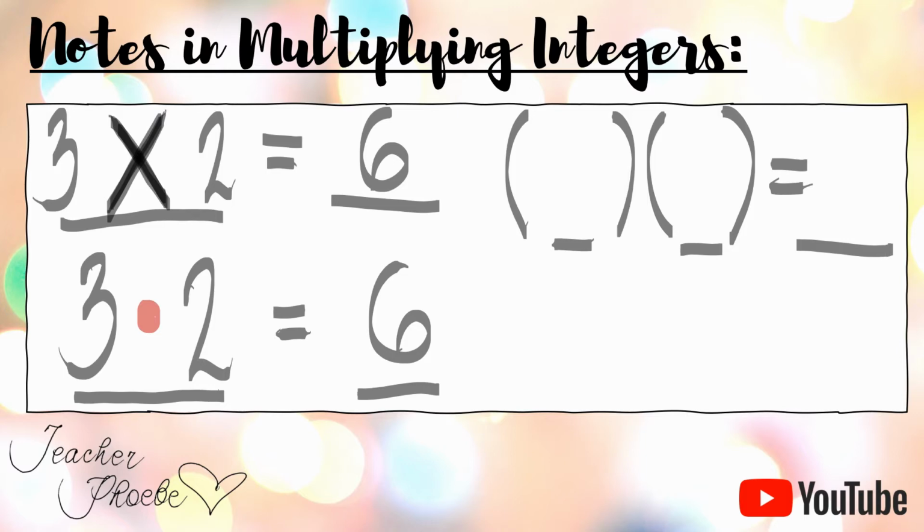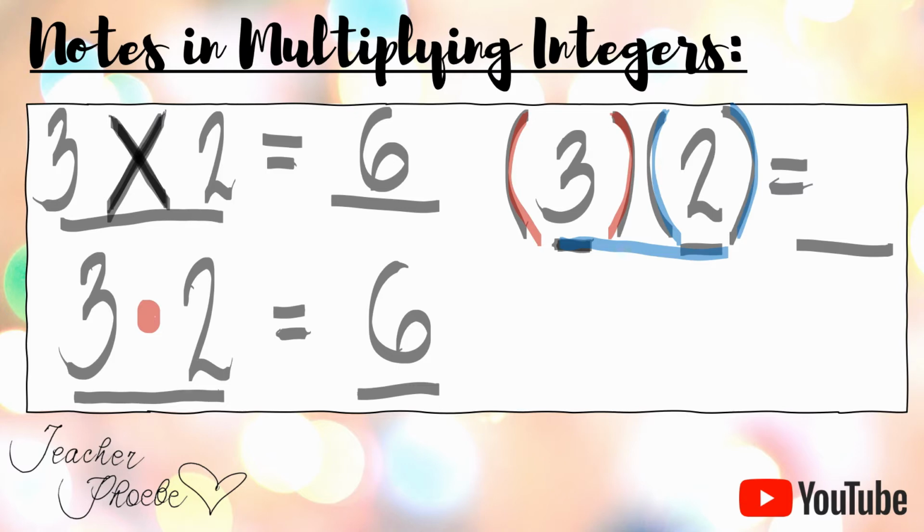Like say for example, if I have 3 and 2. Yung 3 dito, nakakulong siya sa parenthesis and likewise, yung 2 natin ay nakakulong din siya sa parenthesis. And writing numbers this way also tells us that we have a product. So, this means we have 3 times 2.